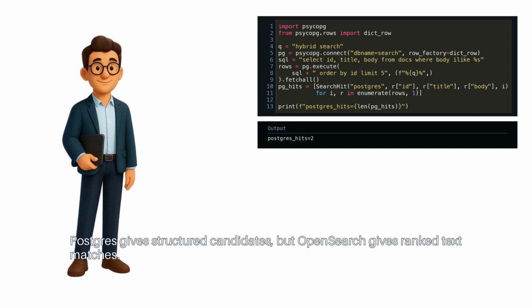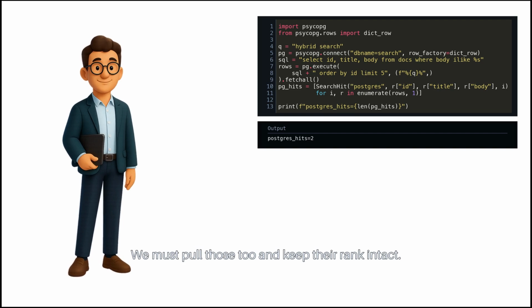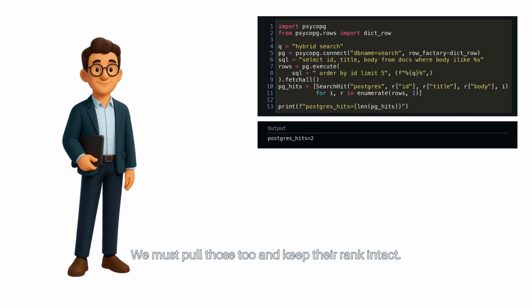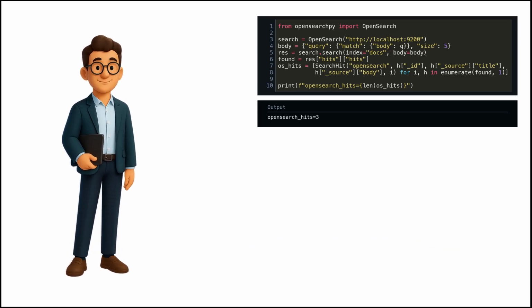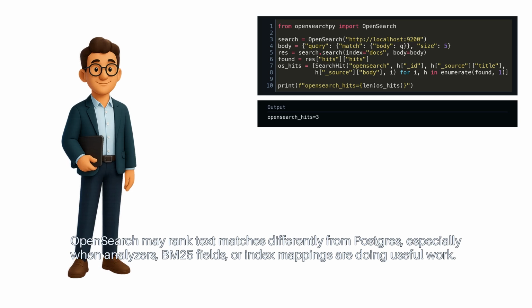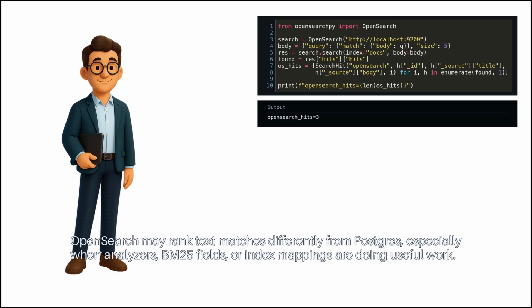Postgres gives structured candidates, but OpenSearch gives ranked text matches. We must pull those too and keep their rank intact. This code queries OpenSearch with opensearch-py and maps each hit into SearchHit. OpenSearch may rank text matches differently from Postgres, especially when analyzers, BM25 fields, or index mappings are doing useful work.